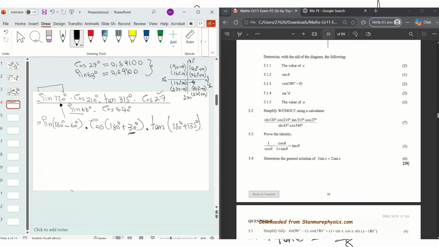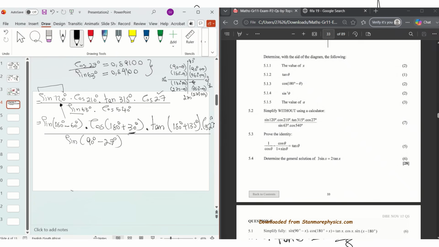Okay, multiplied by cos 27. Remember, I said you must leave that cos 27 as it is. And then we come here. I'm going to change sine 63 into cos 27. So how am I going to do that? I'm going to say sine of 90 minus 27.